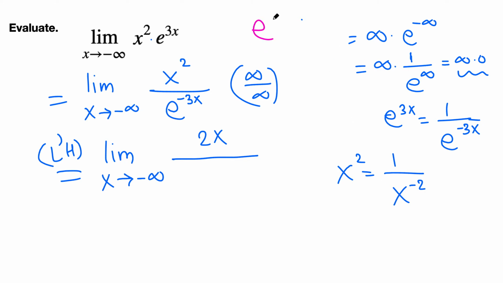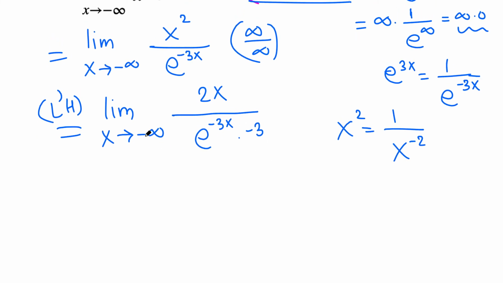When we have e raised to a function of x, say u, its derivative is itself times, from the chain rule, u prime. So e raised to negative 3x is like u. The derivative of this is itself times the derivative of negative 3x, which is negative 3. That's from the chain rule.